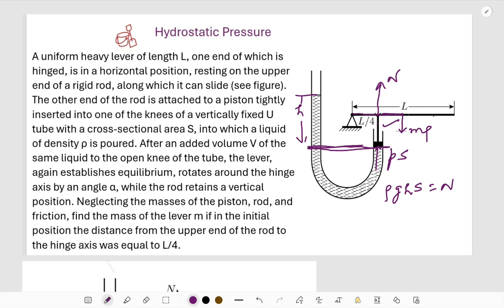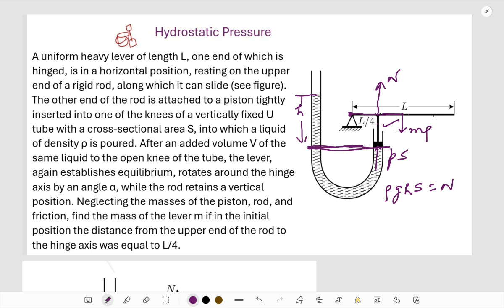There is a moment, equating moments about this axis, about this hinge. We can equate moments, and that I am going to call the lever rule for the initial horizontal position.